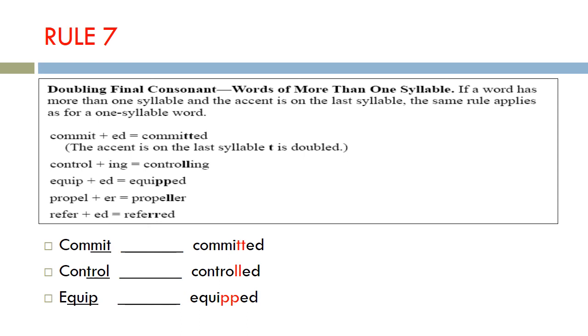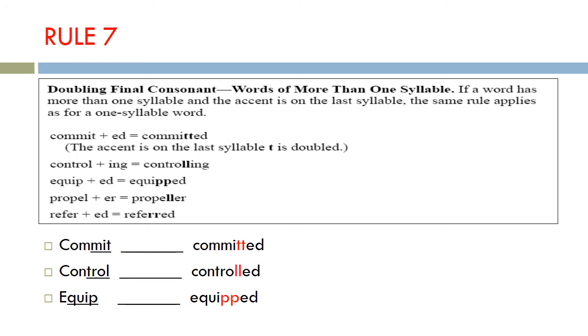It means that we should double the final consonant, like commit, committed. Here, stress is on the second syllable. We say commit, mit is stressed.